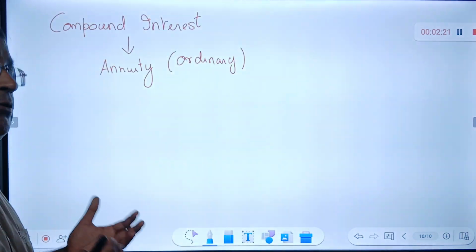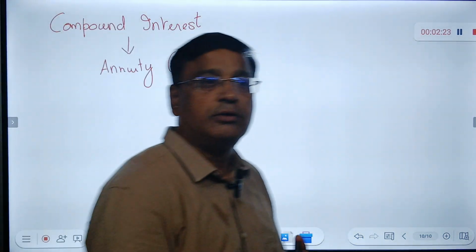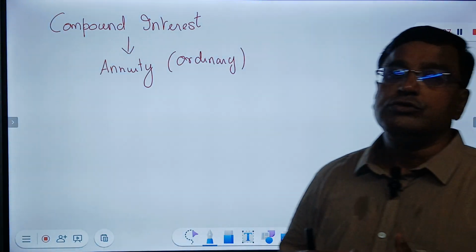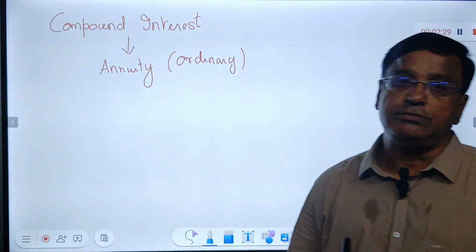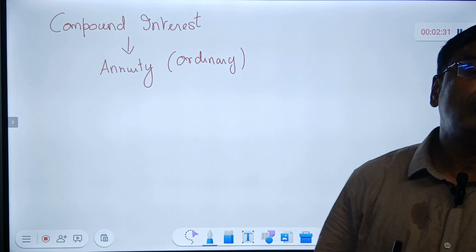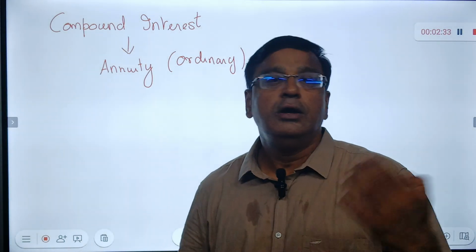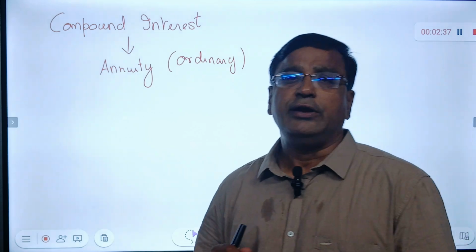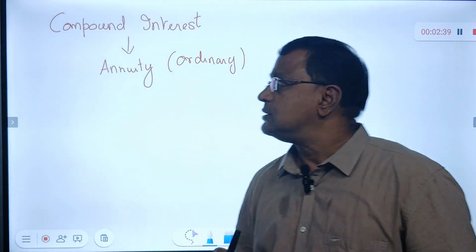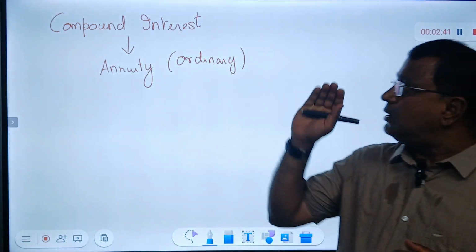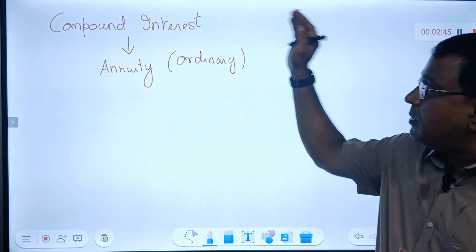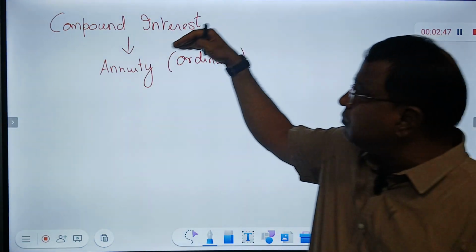So annuity is nothing but compound interest. How do I calculate the amount? How do I calculate the principal? Here I use the words future value and present value. I'm sure you are all aware of what present value and future value are from class 11th. In the course of the class, I will also try to explain wherever necessary what these terms are. But the basis for all this is compound interest. From compound interest, I come to annuity.